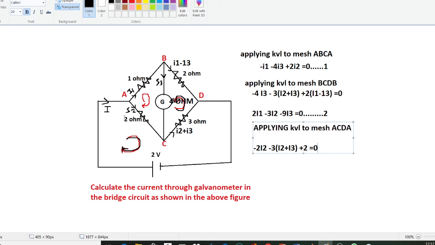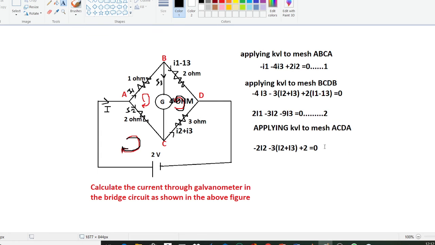Here this is the I2 current, so minus 2 I2, and this is through the 3 ohm resistor, so minus 3 into I2 plus I3, and since the current is leaving from the positive terminal, plus 2, equal to 0.